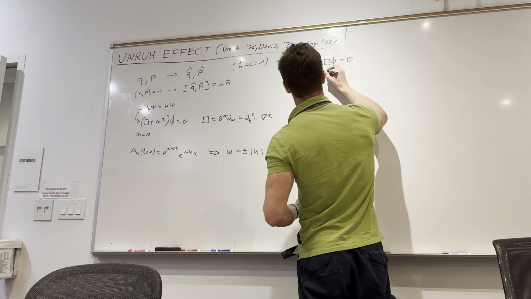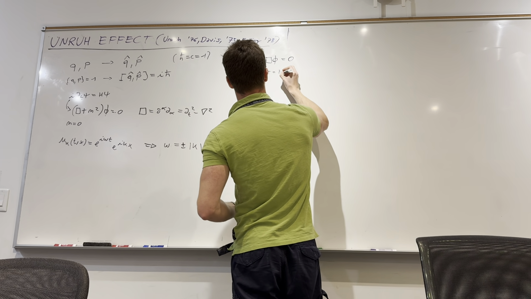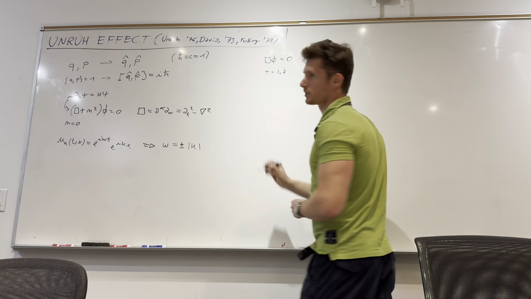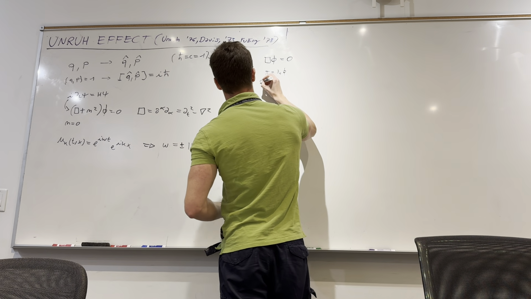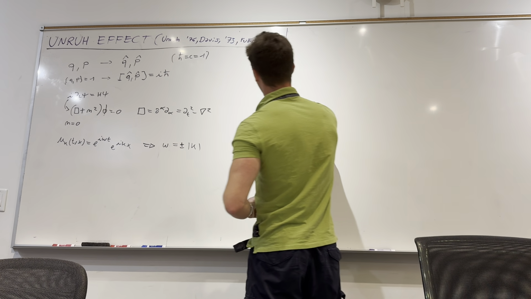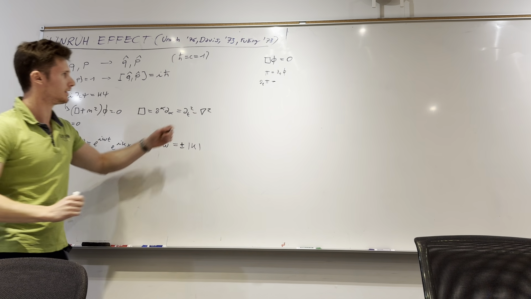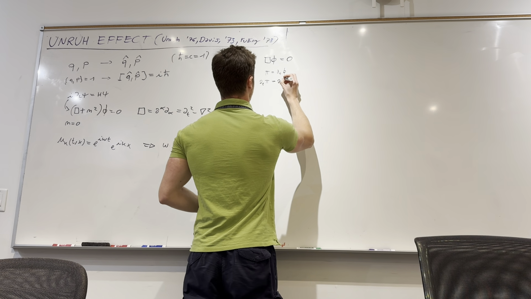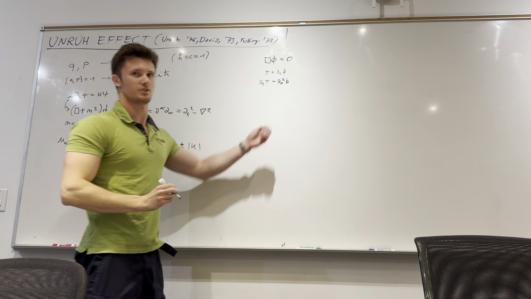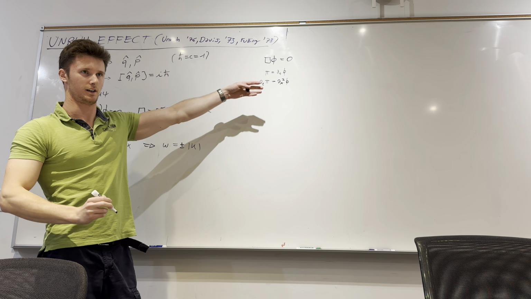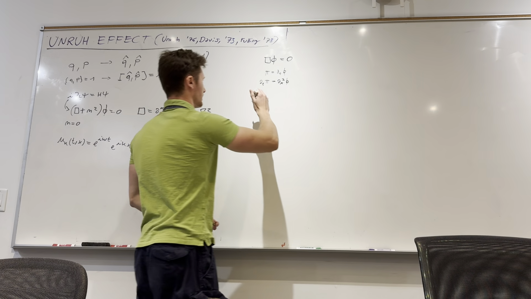The way this is done is by defining an auxiliary variable, pi, which is just the time derivative of phi. As a consequence, the time derivative of pi, reading off from the Klein-Gordon operator, is just the second derivative of phi. This is just the Klein-Gordon equation split into first order derivatives.